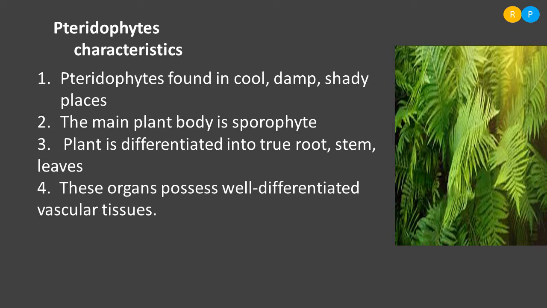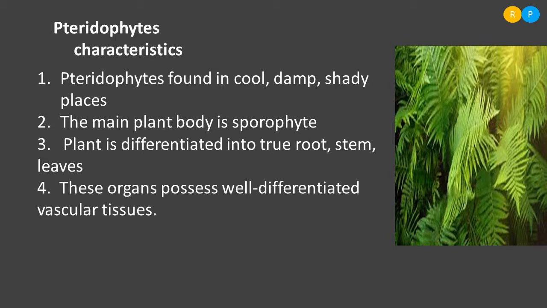So we know vascular tissues, right? Vascular tissues form a network. They help in the circulation of water, minerals and food material. There are two types of vascular tissues present. One is xylem and another one is phloem. Xylem always helps in the circulation of water and minerals throughout the plant body, and phloem helps in the circulation of food.